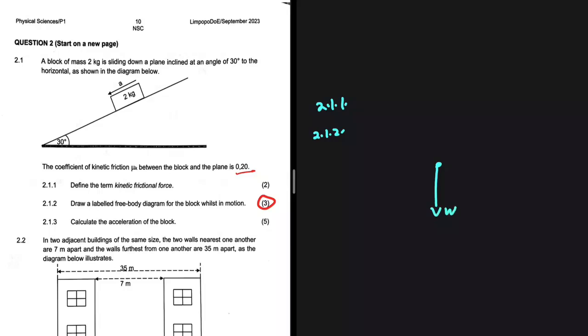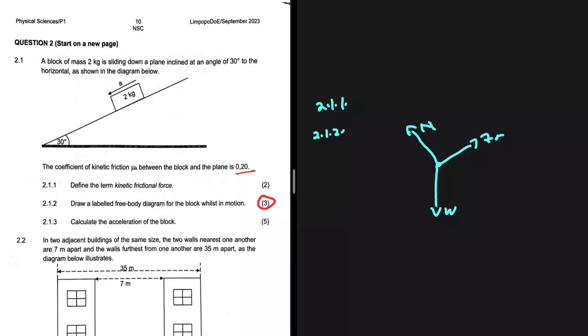Right, and then now we can go ahead and look at our object. Is our object resting on a surface? Yes, it is. So we have normal force right here. What else do we have? We have the coefficient of kinetic friction, so we have friction. The object is going down the incline, so our friction must be up the incline.